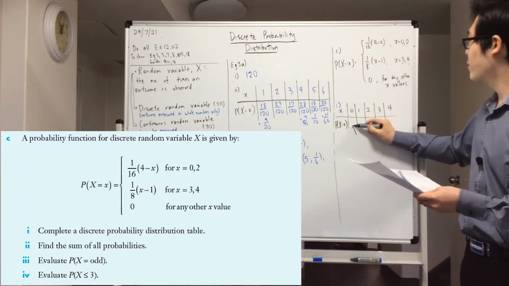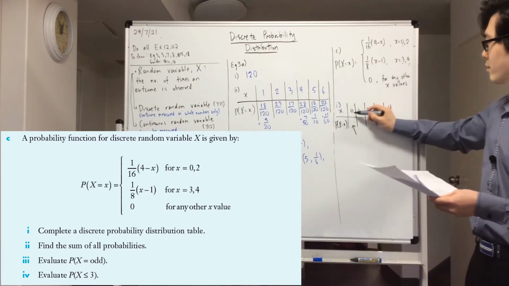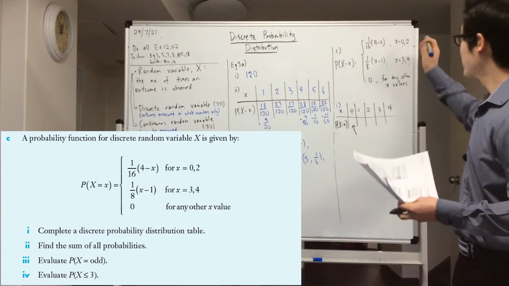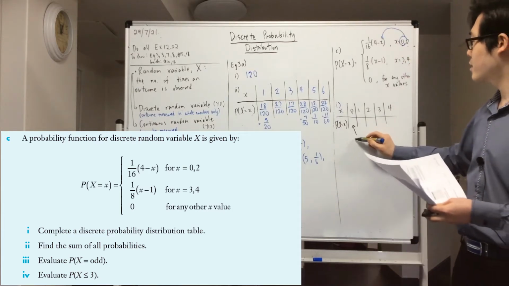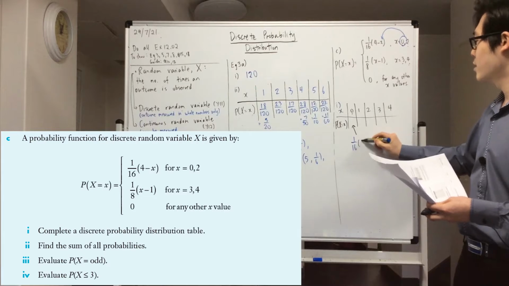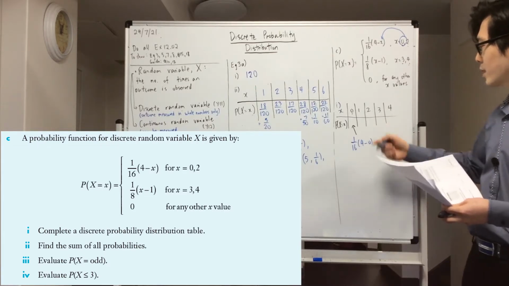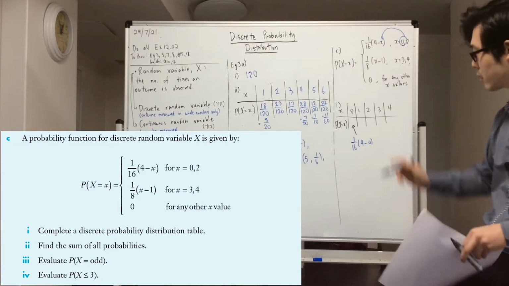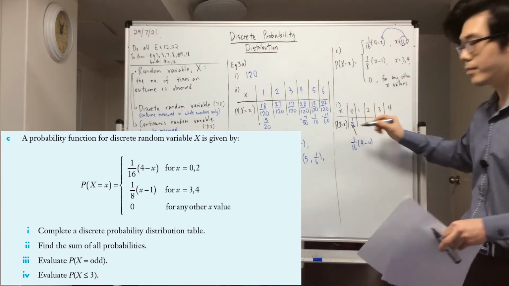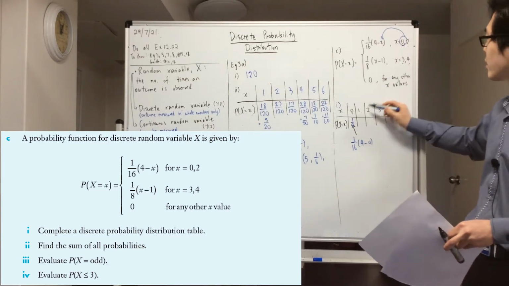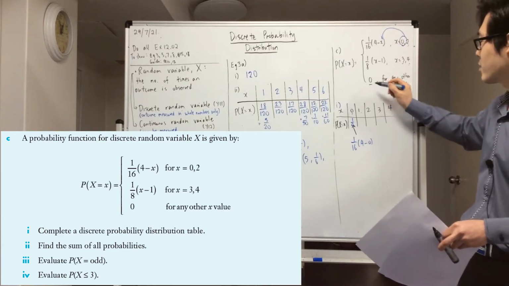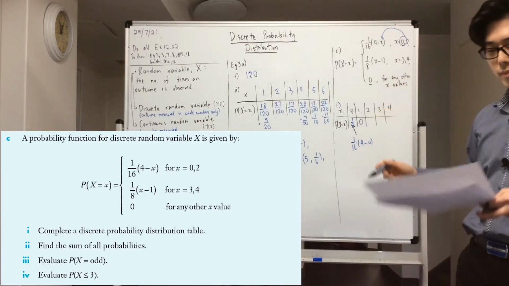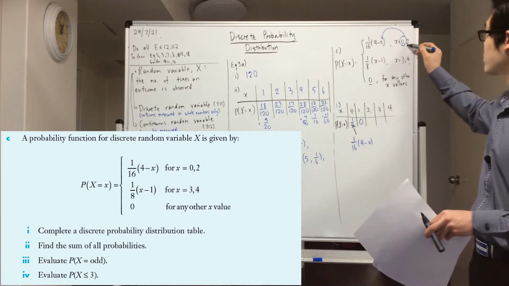Now the probability of getting 0, you're going to substitute this 0 in replacement of here. So that means that's 1 over 16 times 4 minus 0. If you put that in the calculator, okay. Same thing, 1. 1 is not here, so it's any other x values, and it says that probability is just 0.